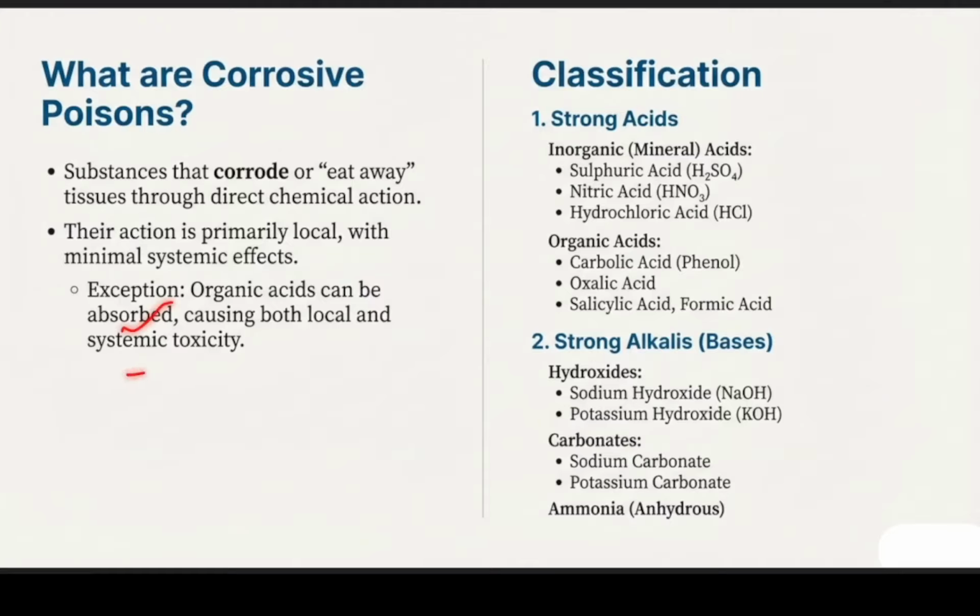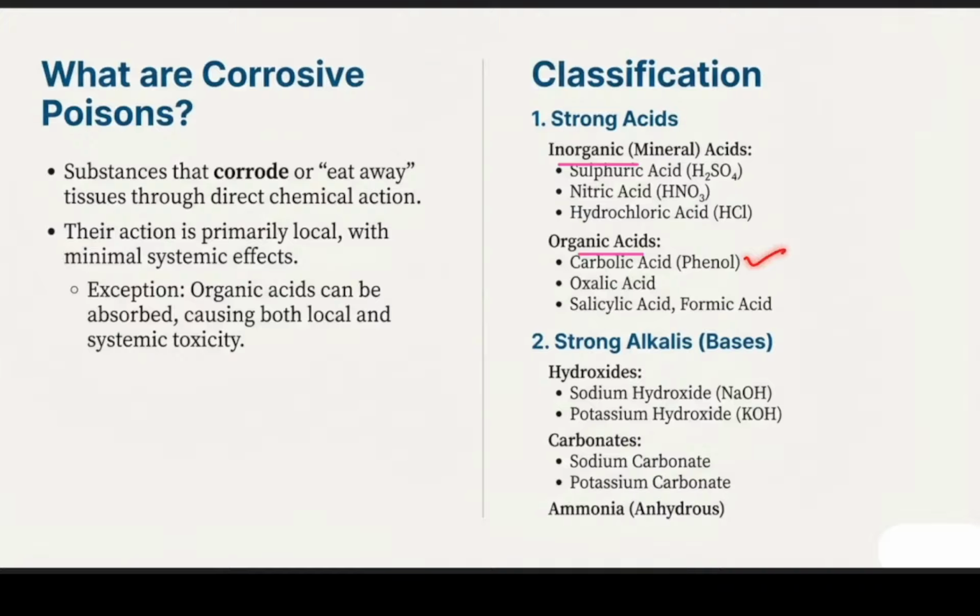Now, coming to the classification, we have strong acids and we have strong alkalis. About strong acids, we have inorganic acids, that is the mineral ones, and we have organic acids. Talking about the inorganic ones, we have sulfuric acid, nitric acid, as well as hydrochloric acid. But coming to the organic acids, we have carbolic acid, oxalic acid, salicylic acid, and the formic acid, of course.